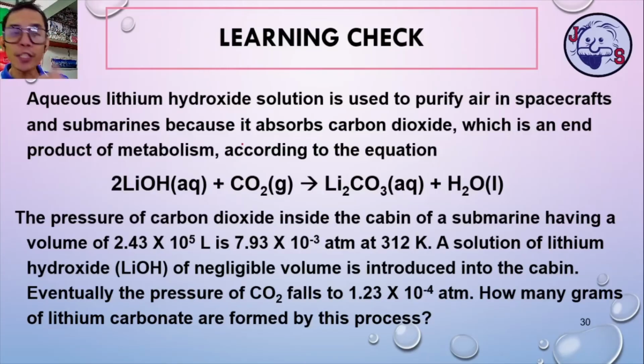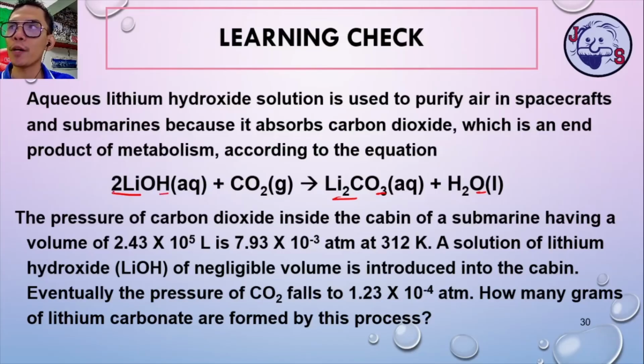First things first, check if the equation is balanced. Two lithium, so check. Two oxygen plus two, four, and then over three here, then plus one, four. Oxygen is check. Next one is hydrogen.